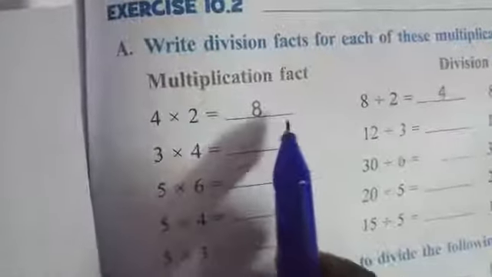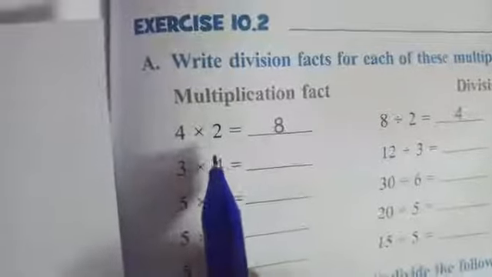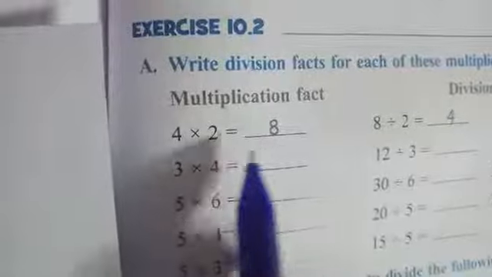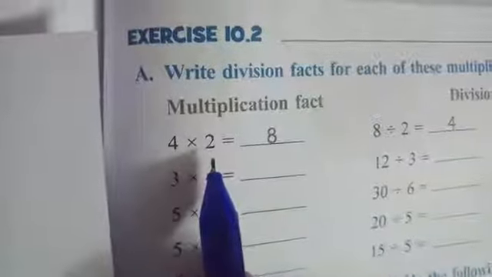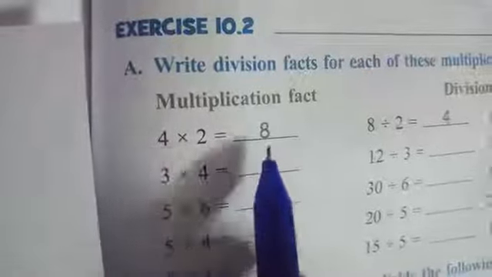Now in the multiplication facts it's given 4 2s are 8. Here we can use the 4 table or the 2 table. If we say 4 1s are 4, 4 2s are 8; or the 2 table, 2 1s are 2, 2 2s are 4, 2 3s are 6, 2 4s are 8.